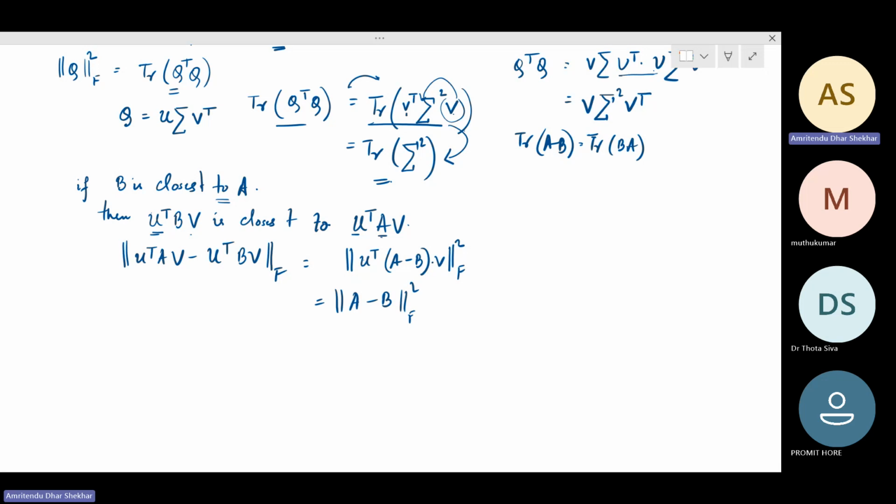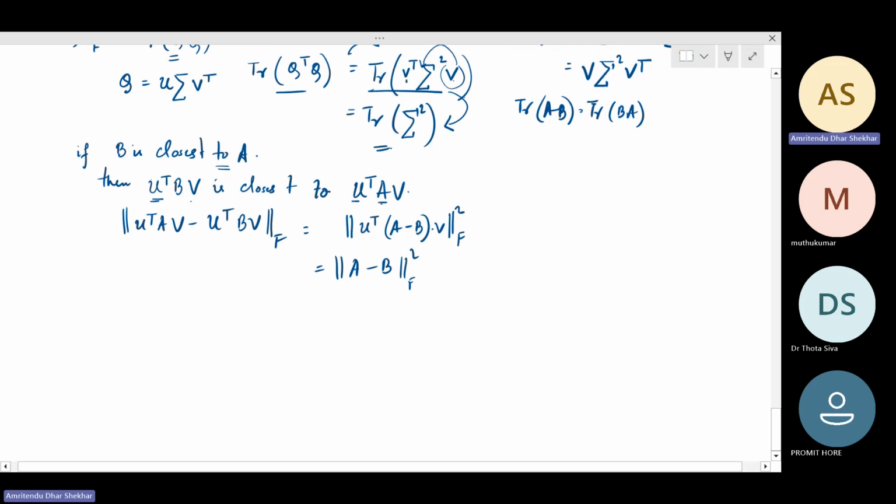So how does this help us in computing a low rank approximation? Well, just write A as equal to U sigma V transpose.